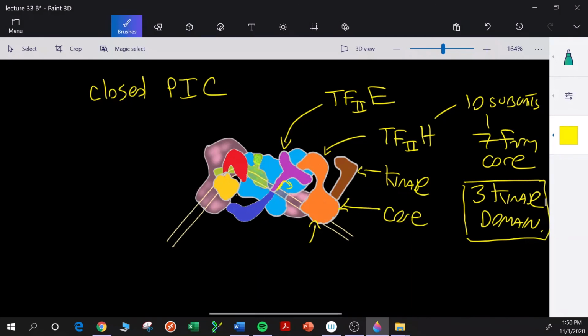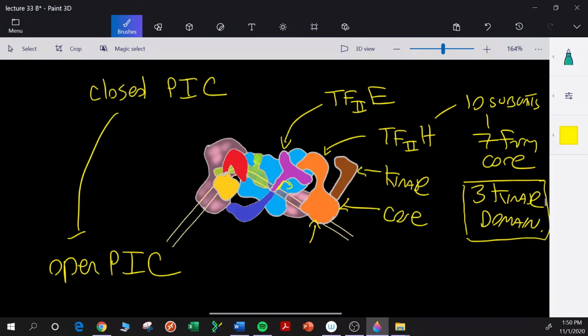TF2H is really interesting. It's thought to be the main complex involved in unwinding the DNA so RNA polymerase can start transcription. The next complex is called the open PIC. We're not adding any more subunits or complexes or proteins to this structure.